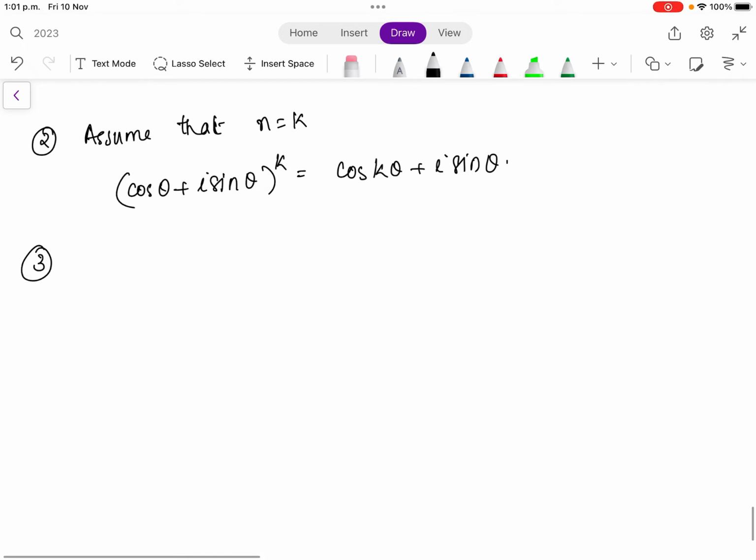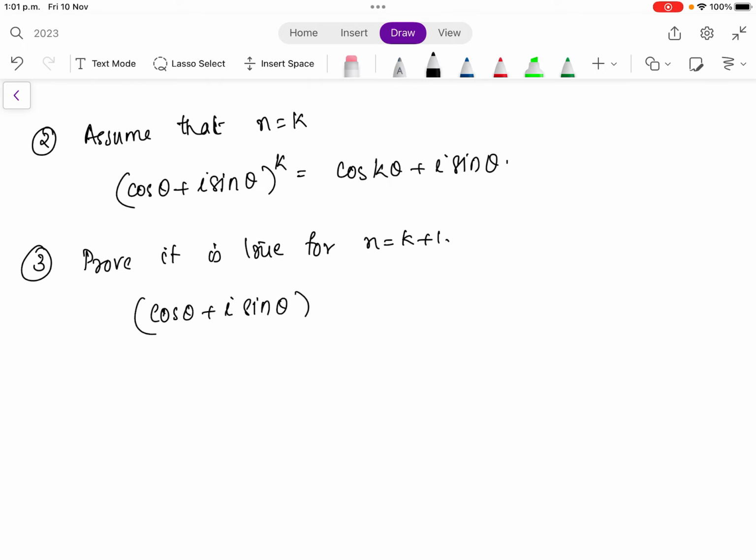The third step is to prove it is true for n is equal to k plus 1. Which means that I have to prove that (cos theta plus i sin theta) to the power of k plus 1 is equal to cos (k plus 1) theta plus i sin (k plus 1) theta.